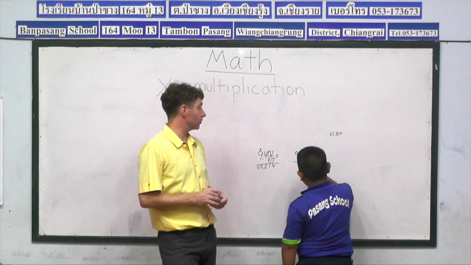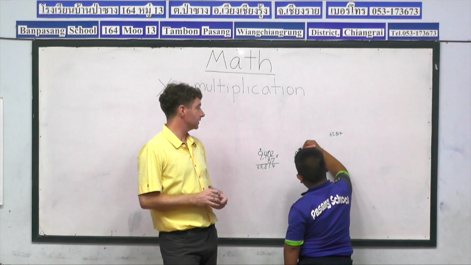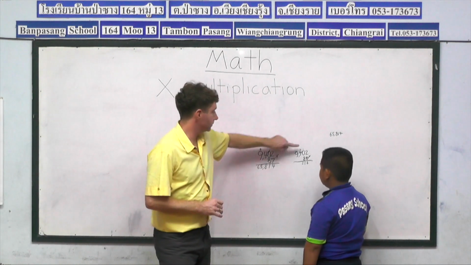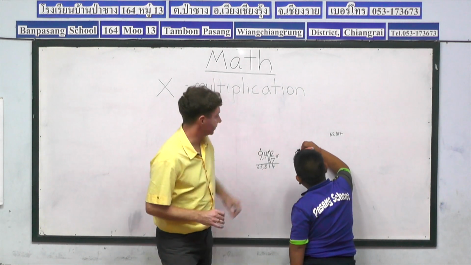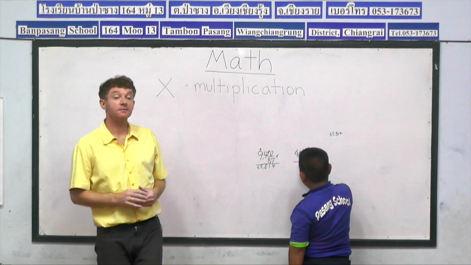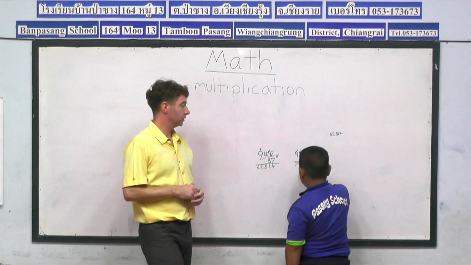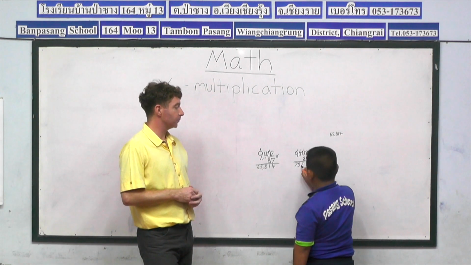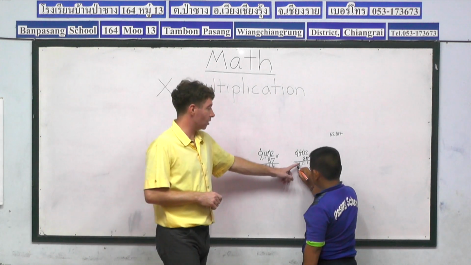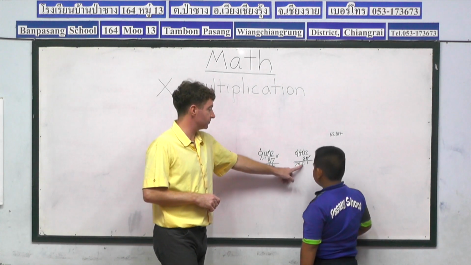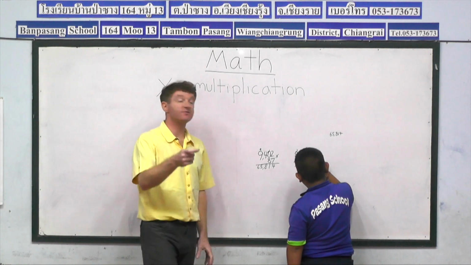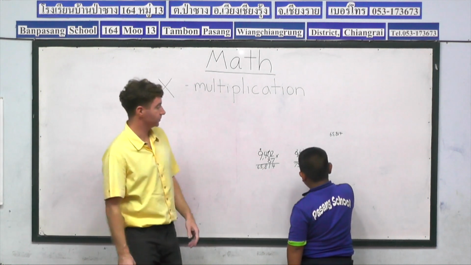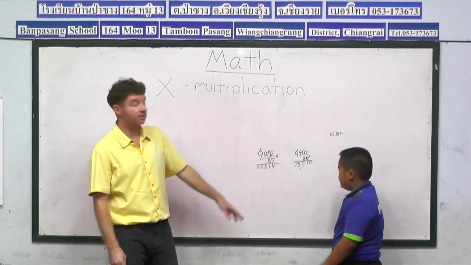So write the 2, carry the 3. 8 times 9 equals 72. 72 plus 3 equals 75. Excellent. But no comma yet, because what do we do with the 0? We put the 0 back. So now, Ned, your comma needs to go here. And we have our answer.